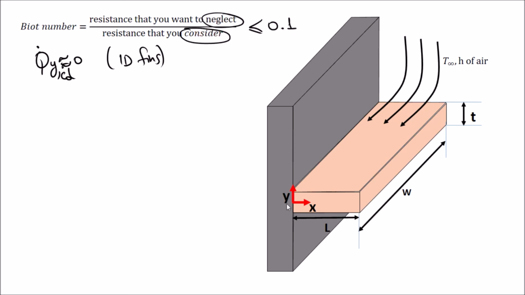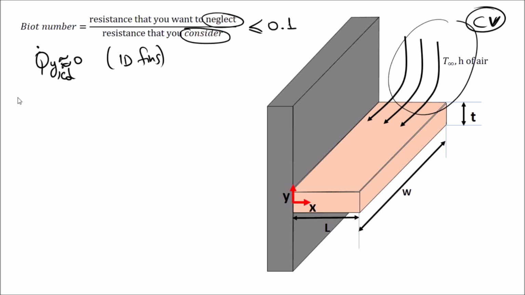So let's compare the resistance in the y direction with the resistance that we think is important. For our case, we say that it is important for convection. We say that convection resistance is much more important than the conduction resistance in the y direction. Let's now compare them.